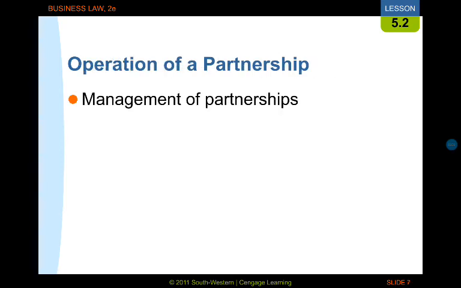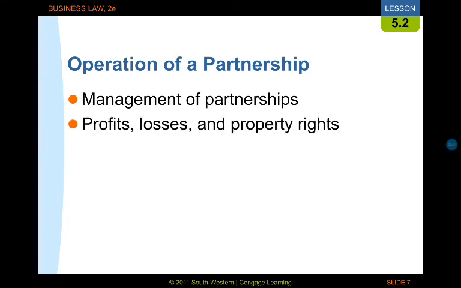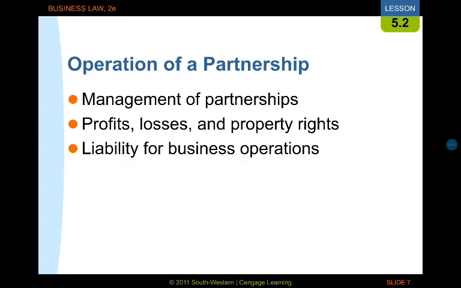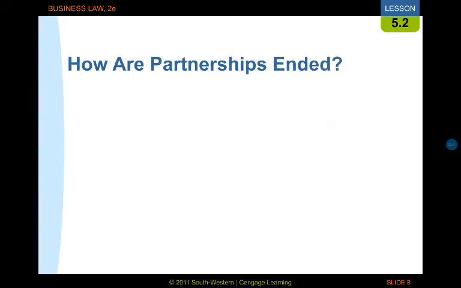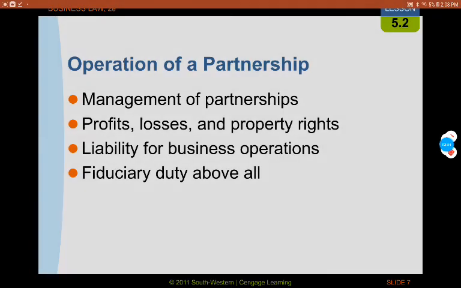Operation of a partnership: management of partnerships, profits, losses, and property rights, liability for business operations, fiduciary duty above all. And just real fast, a fiduciary duty is an obligation to act in the best interest of another party. For instance, a corporation's board member has a fiduciary duty to the shareholders.